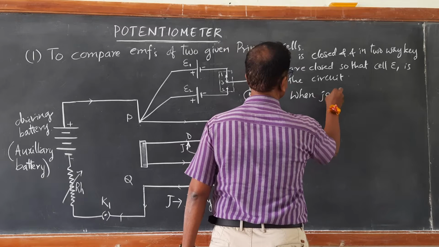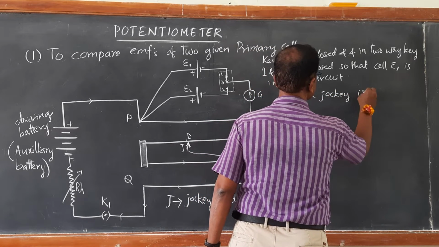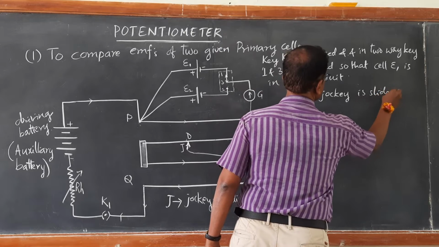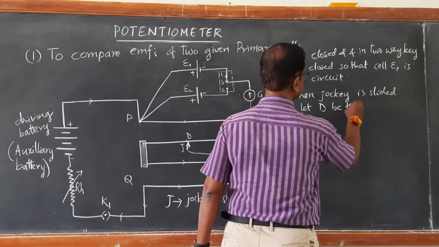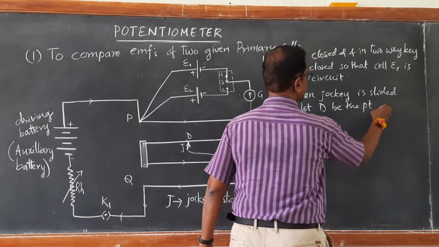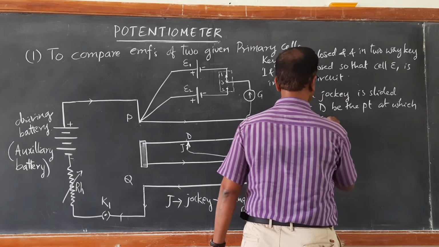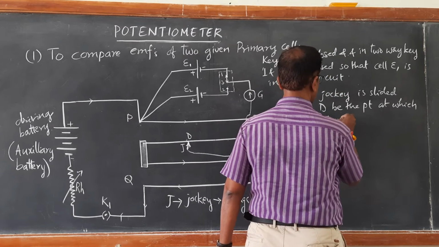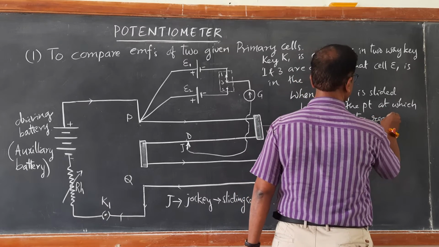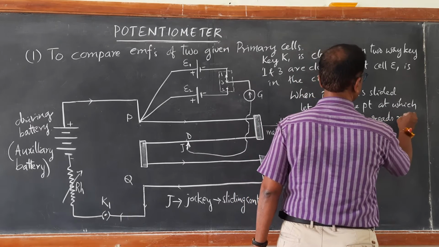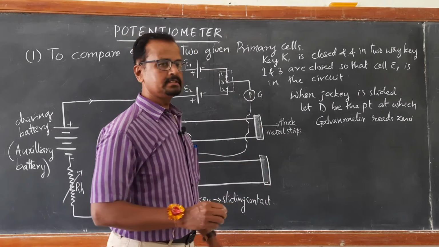When the jockey is slided, let D be the point at which the galvanometer reads 0. Galvanometer reads 0 means the current through the galvanometer is 0.